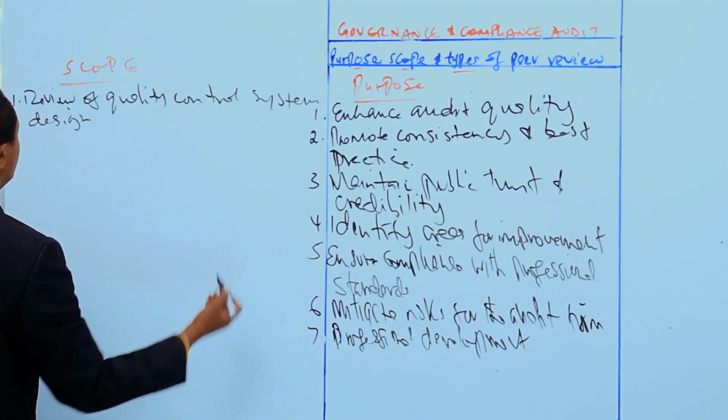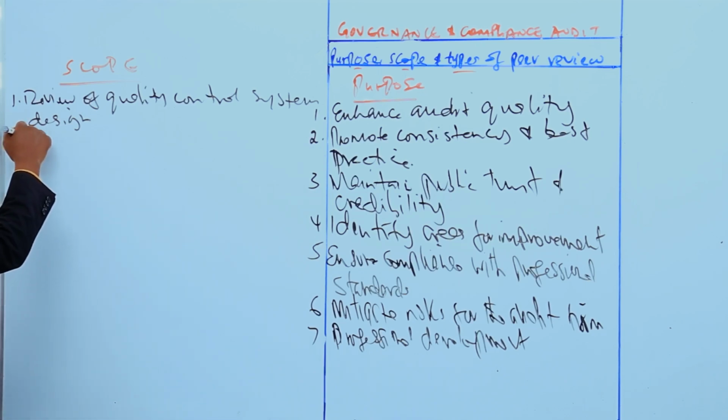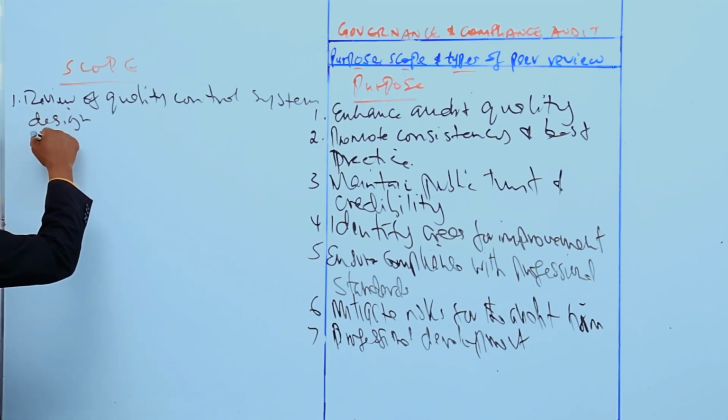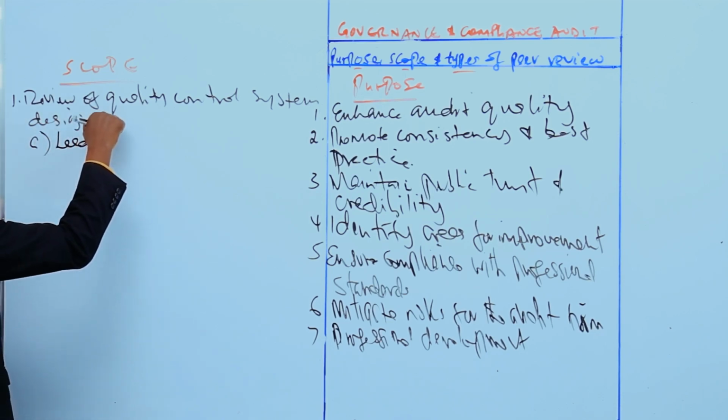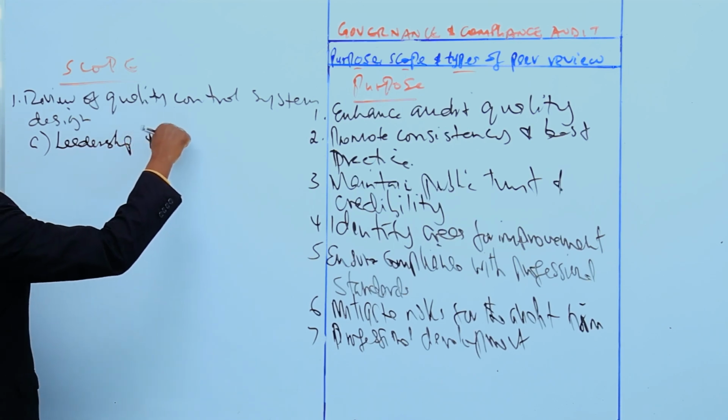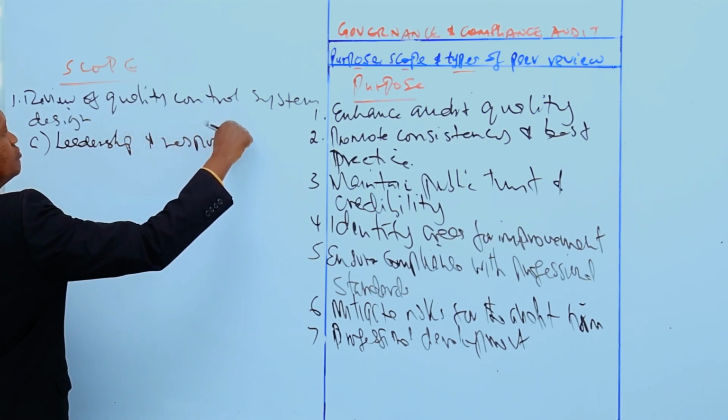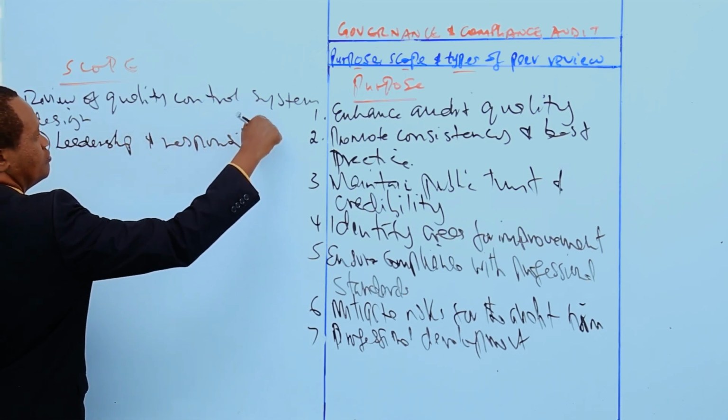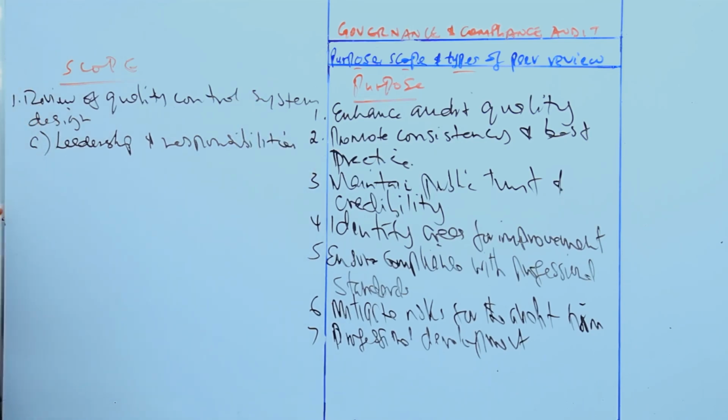Reviewing of quality control system design may include leadership and responsibilities.